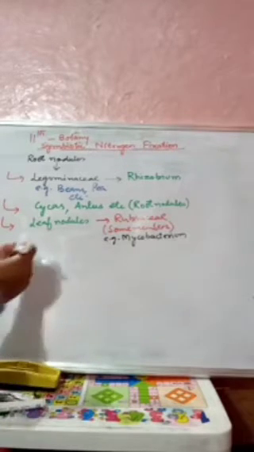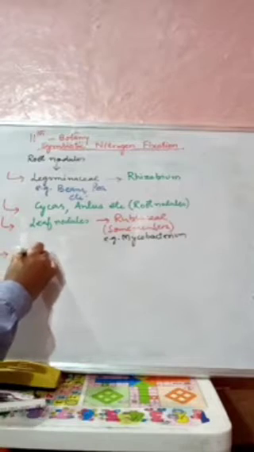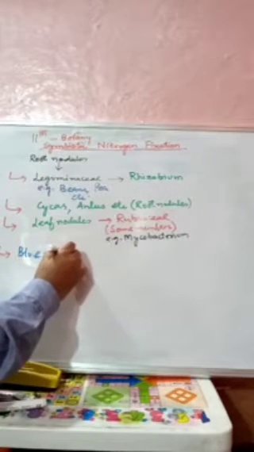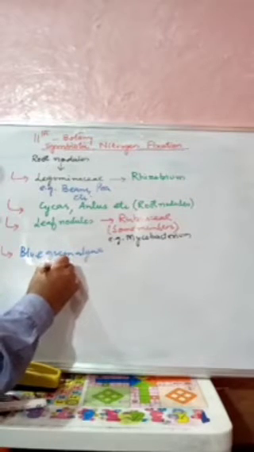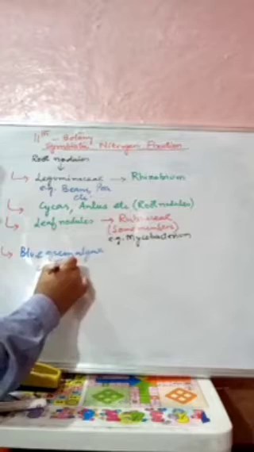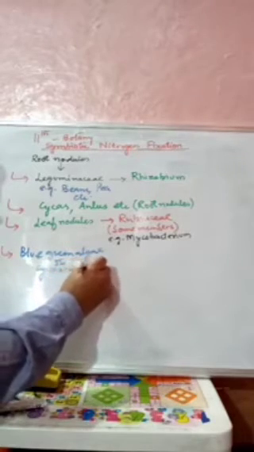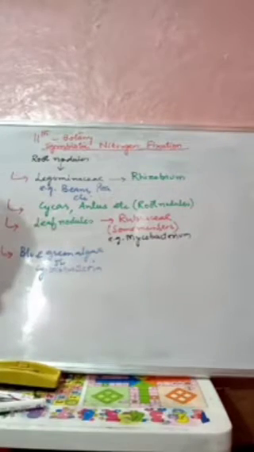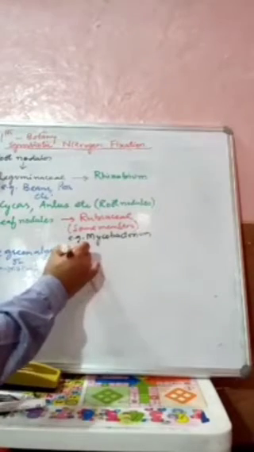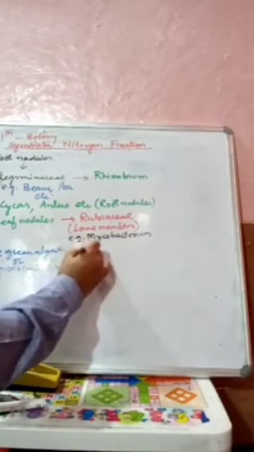Now we have one more example, some blue-green algae, which are simply called cyanobacteria, where we see that they also have a symbiotic association with plants.